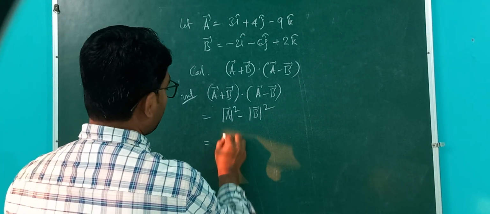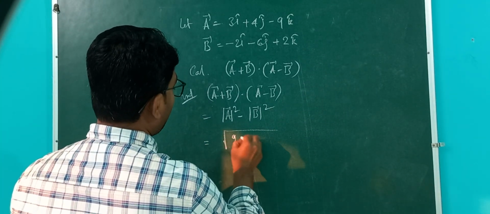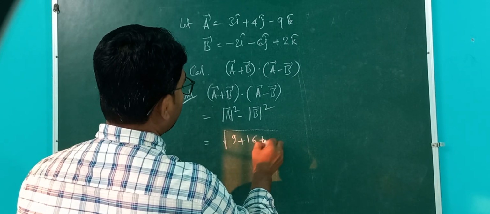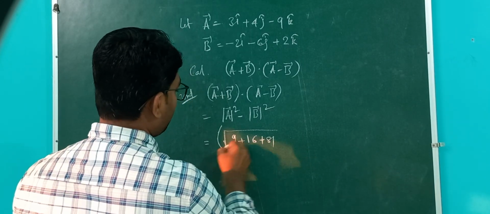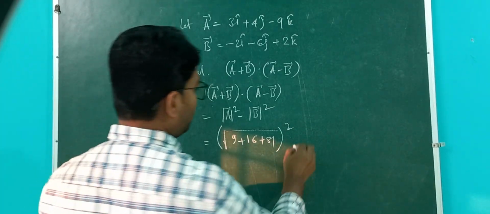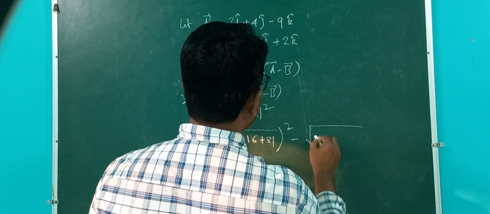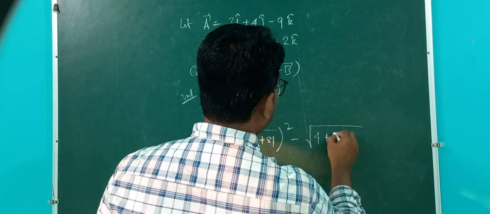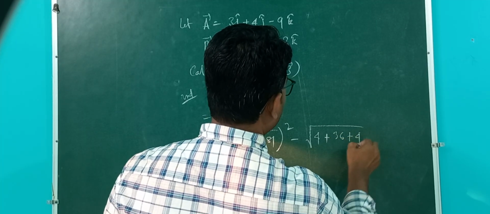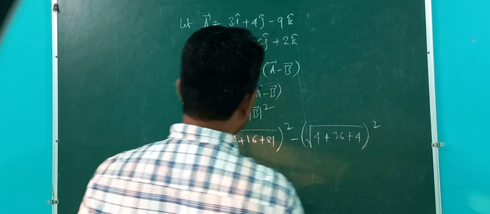Mod of A is root over of 9 plus 16 plus 81, whole squared. What is mod of B? Mod of B is root over of 4 plus 36 plus 4, whole squared.